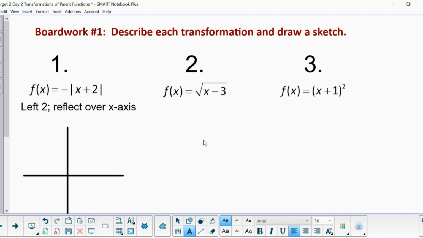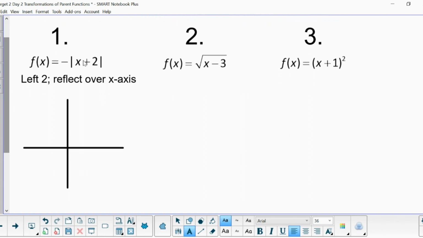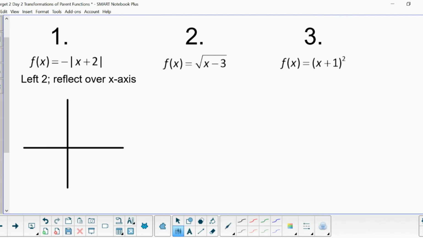Okay? And then you're going to take that and plot the points based upon the defining points of the absolute value of x. So the absolute value of x normally has the points of 0, 0, -1, 1, and 1, 1. So there's the normal one, like that.